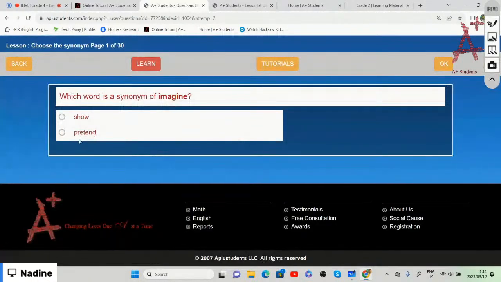All right, so now we are going to try and see which word is the synonym of imagine, or the same as imagine. We need to find the meaning to say if it is either the same as show or pretend.